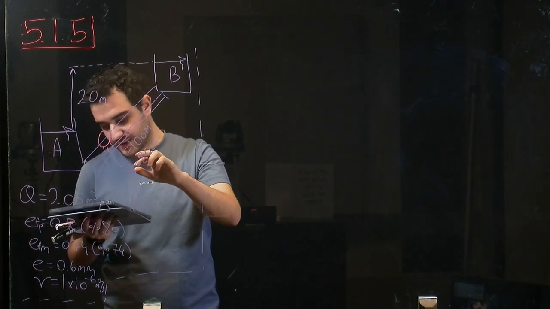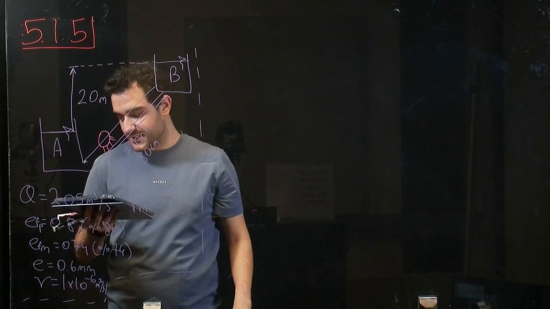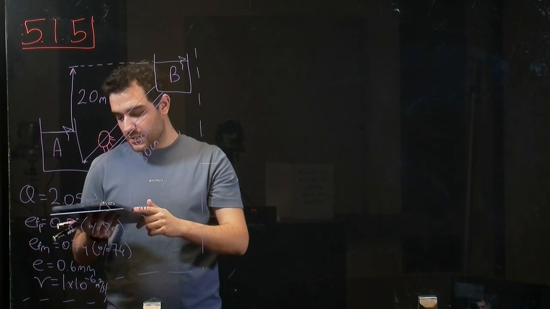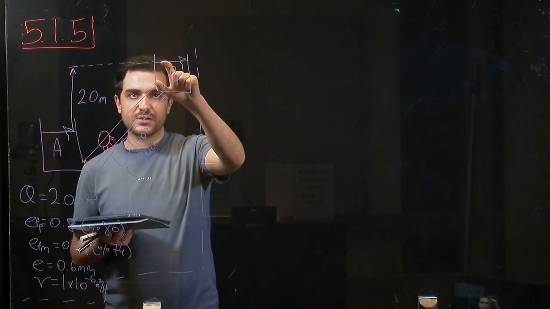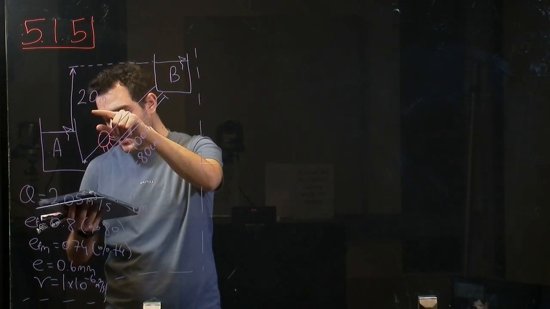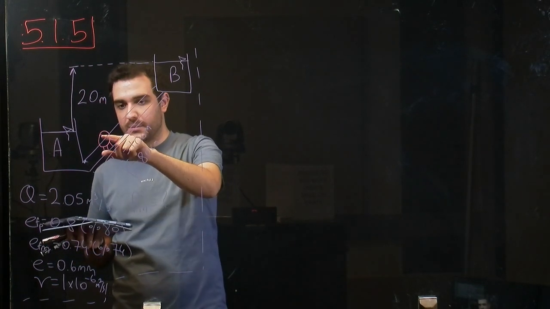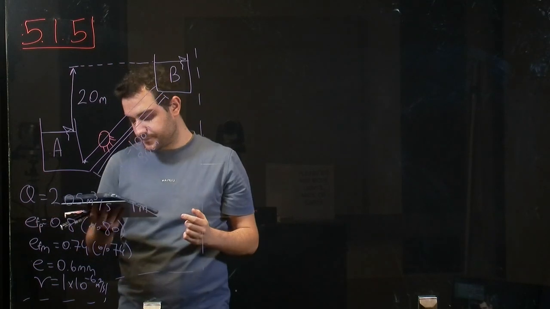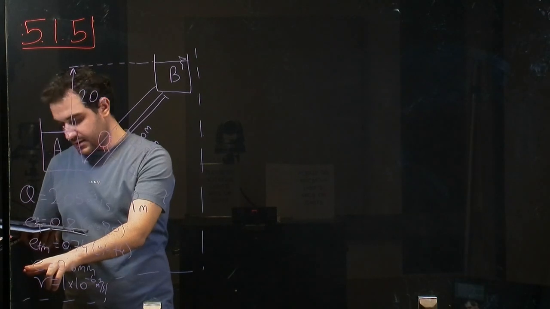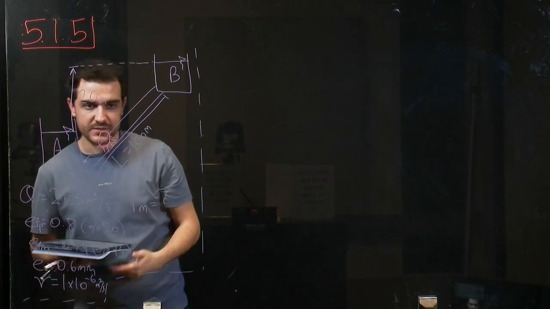It is 100 meter long, and its diameter is 80 centimeters. It is made of rough concrete. Also the water surface of B is higher than A by 20 meters. And here we have efficiencies for both pump and also the motors. And this is the roughness height of this kind of pipe, and this is the kinematic viscosity.